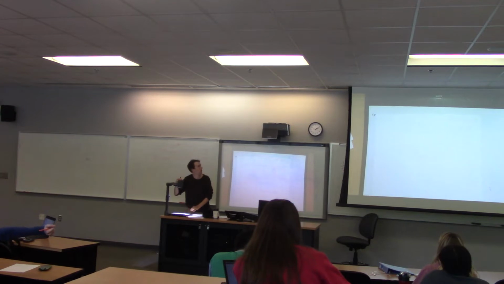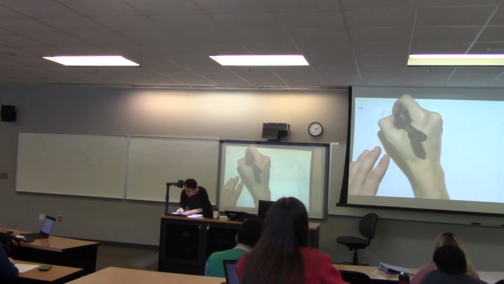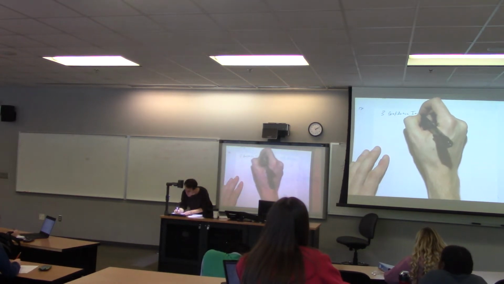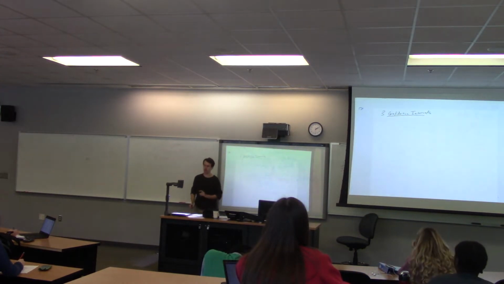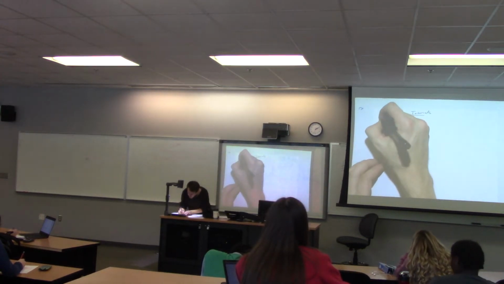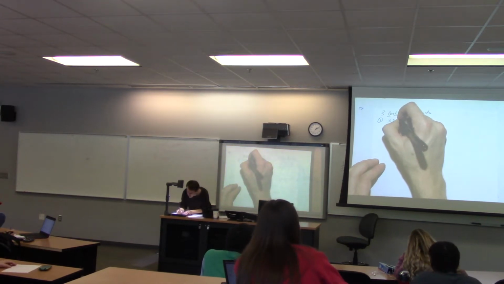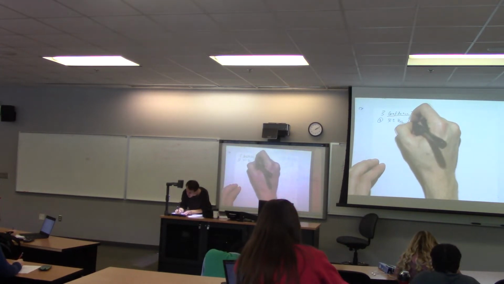So we have 3 confidence intervals. Okay. So the first is a Z confidence interval for a mean. It's x bar plus or minus Z alpha over 2 times sigma over the square root of n.